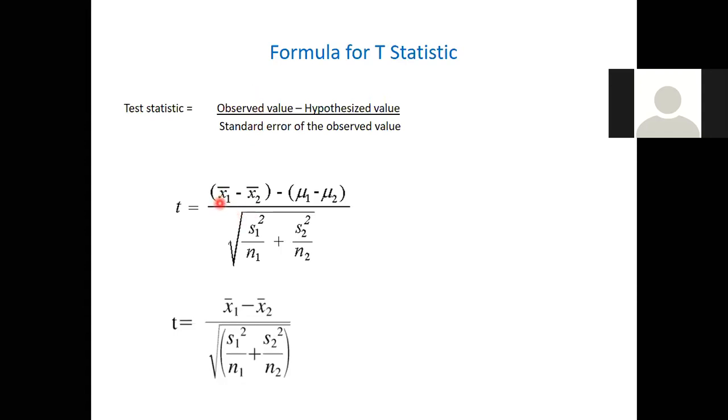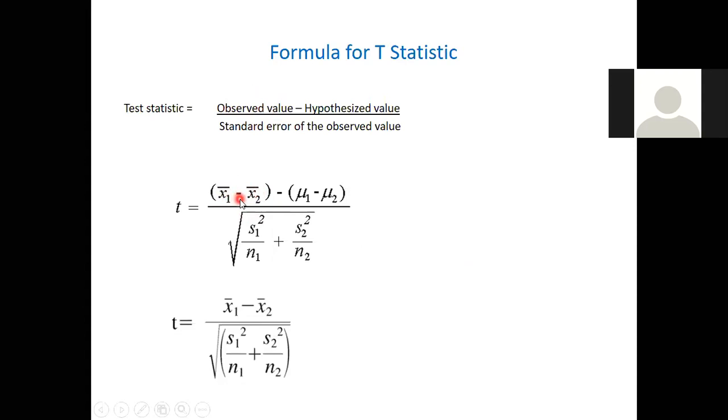Look at this: x̄1 minus x̄2. This is urban, this is rural. The difference x̄1 minus x̄2 is the observed value, what you observe.